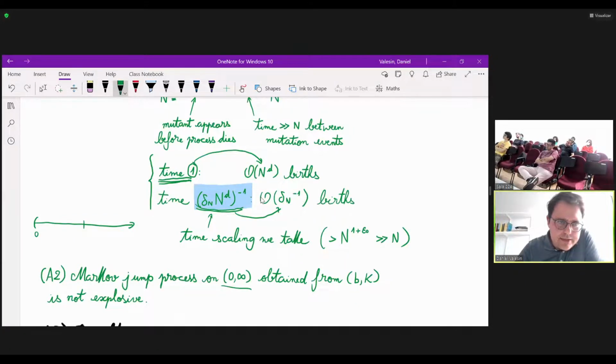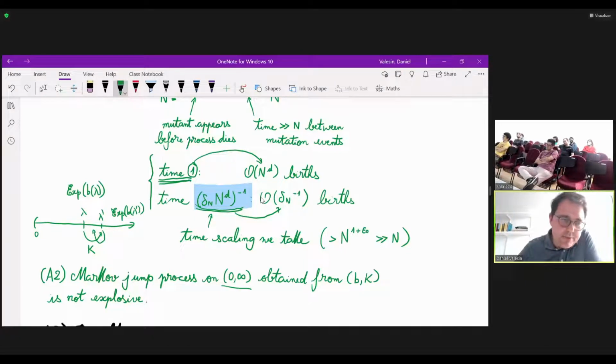It stays still at a certain value lambda for a time that is exponential with rate b lambda, and then it jumps. When it jumps, it jumps to a position, let's say lambda prime, according to the kernel k. Then it stays at lambda prime for a time exponential with rate b lambda prime, and then it jumps again. So this will give you a Markov jump process on the positive real line.